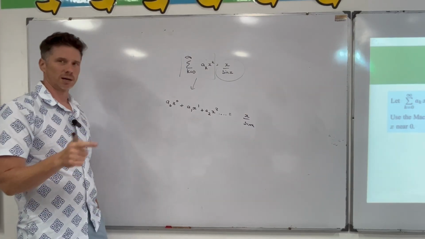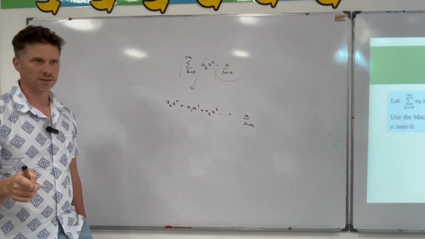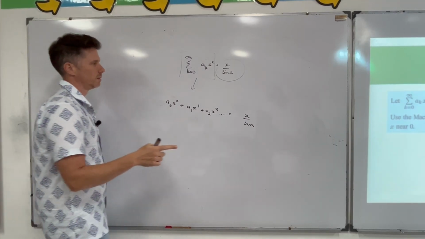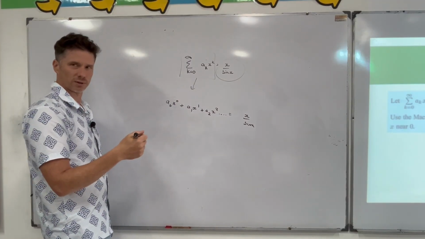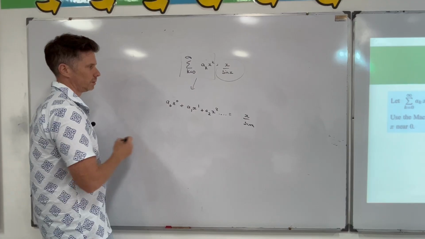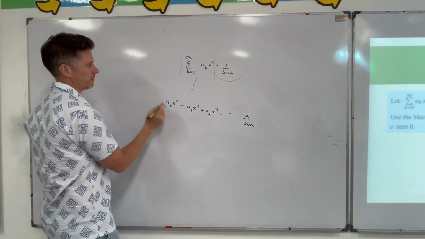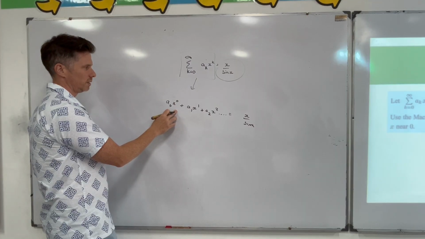Now, the thing about Maclaurin series is they're much more easy to multiply than divide. So if I do a common denominator thing here, well, I already established what this was. What did we establish this was?